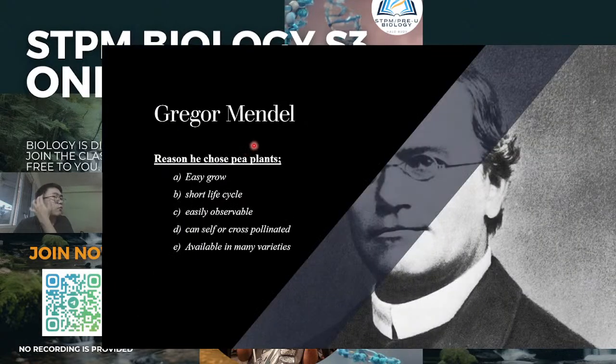Okay, so when we talk about inheritance, who found the concept, the knowledge of inheritance? This scientist, Mendel. He is the biologist, the father of genetics. He is the first scientist, the first biologist, to discover the inheritance theory. So how did he find this theory?